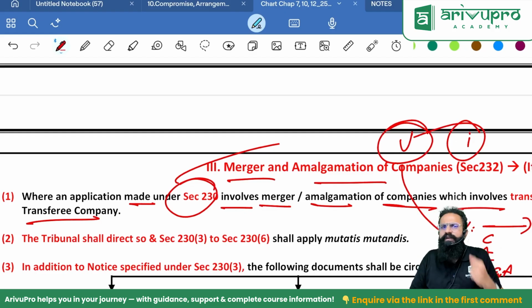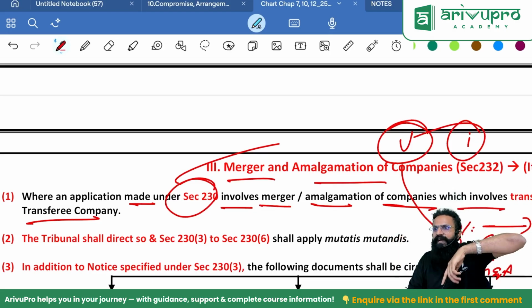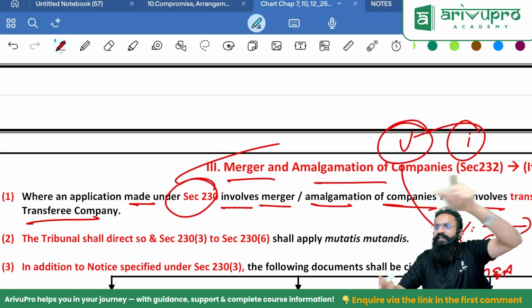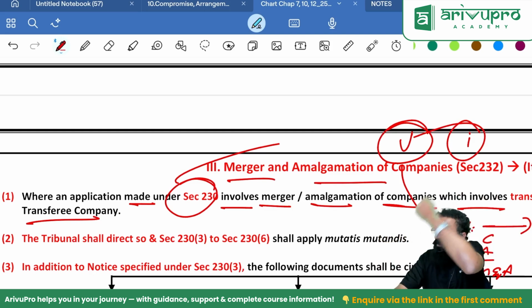Understood? Now what will the tribunal say? If the tribunal is satisfied, it will tell you to go ahead with your merger and amalgamation. It will pass an order. That is what we saw as per the Indian Stamp Act, whether on the court's order stamp duty is applicable. This will become the court's order. Understood?